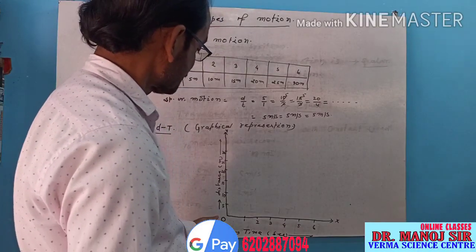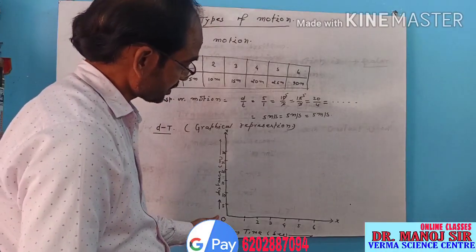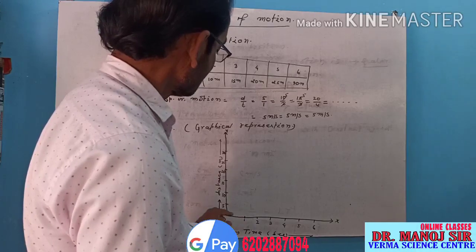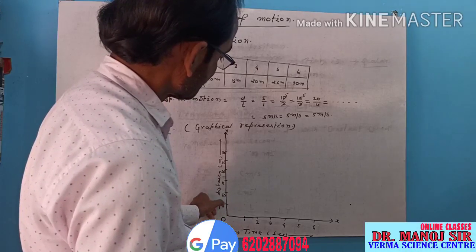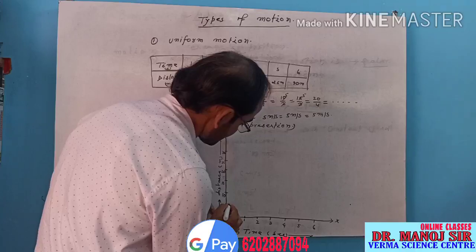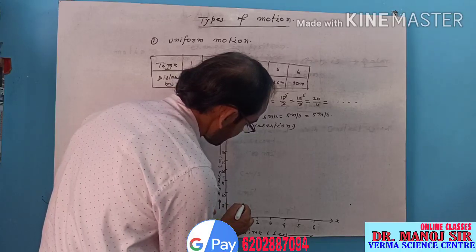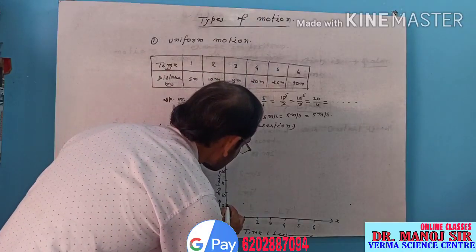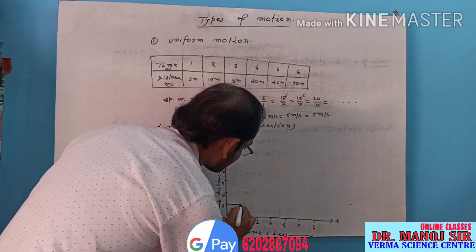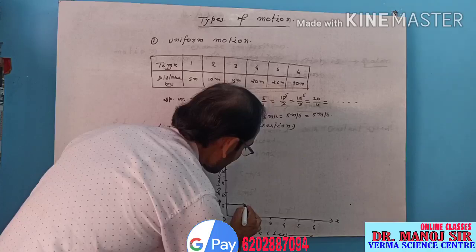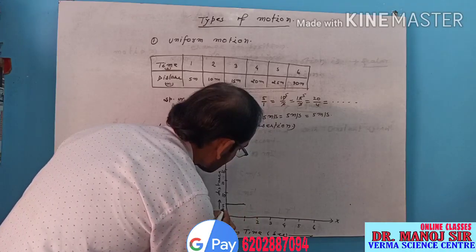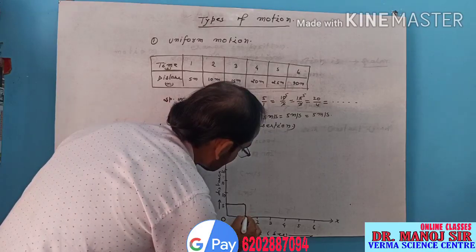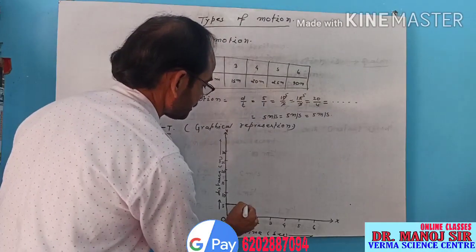From the origin, a car is started and takes 1 second to travel a 5 meter distance. This means the car covers a distance of 5 meters within a period of 1 second.